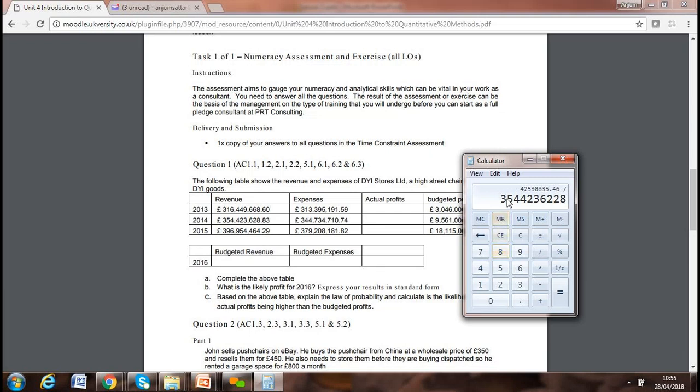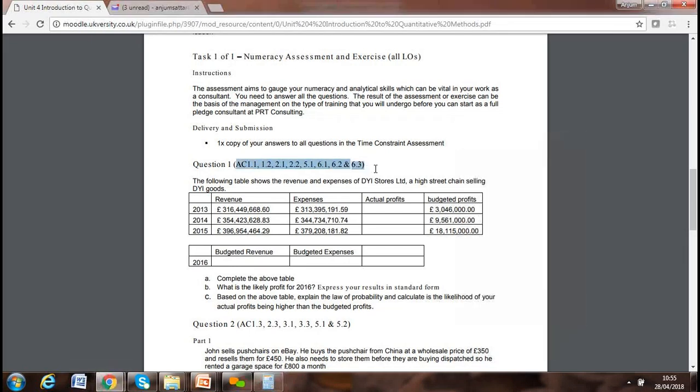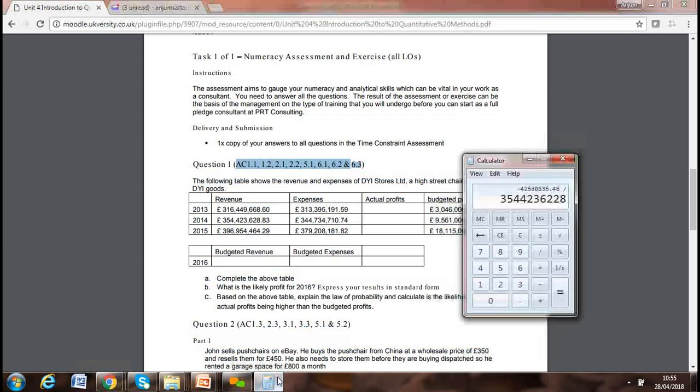In this question number 1, if we look at the assignment brief, the assessment criteria has to cover 1.1, 1.2, 2.1, yes, you're right. If we look at some parts of this question, we haven't covered those units. Maybe that's why we are not able to achieve the correct answers.